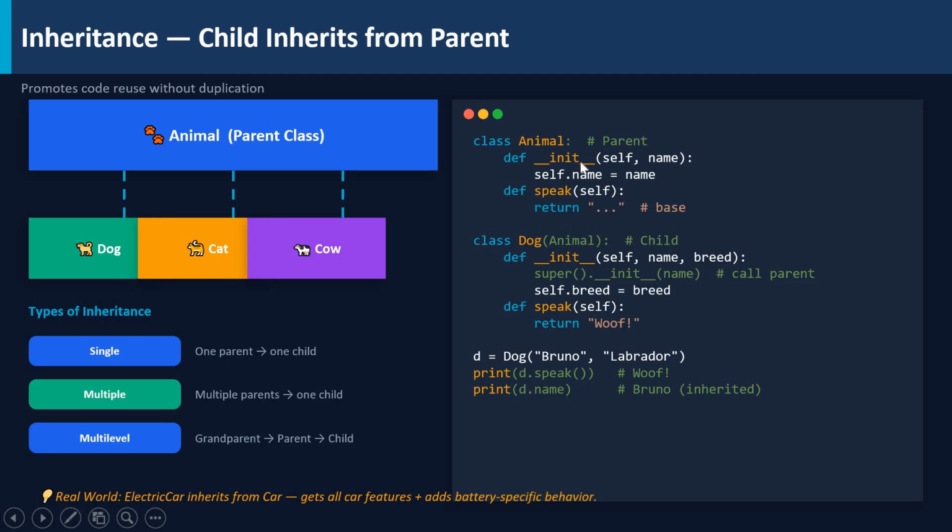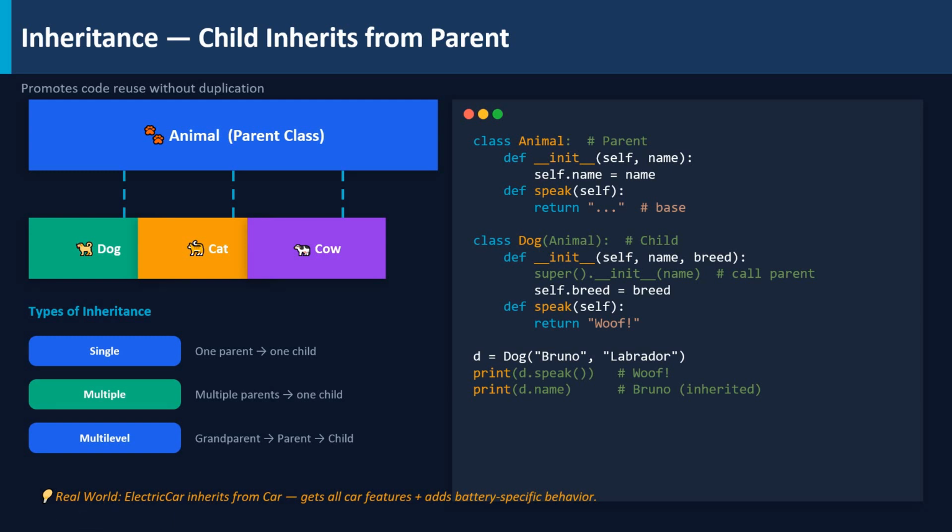If you want to create the child class, after the class name you will use parentheses. If you use a name inside the parentheses, that means the named class will behave as the parent class and this class will behave as the child class.